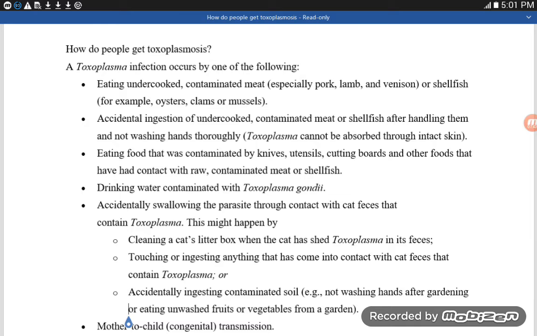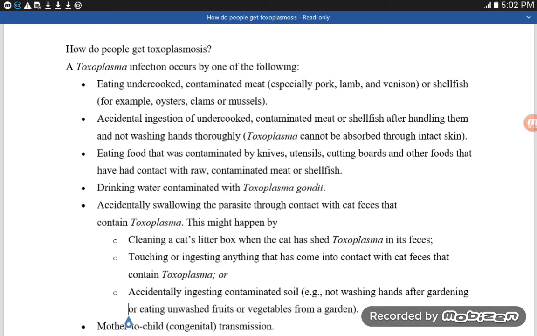So, not washing hands after gardening, or eating unwashed fruit and vegetables from the garden. Here, in your garden, when you are handling soil, you are not wearing gloves. Sometimes the soil may contain infective stages, which will contaminate our hands, and we can swallow the stage.